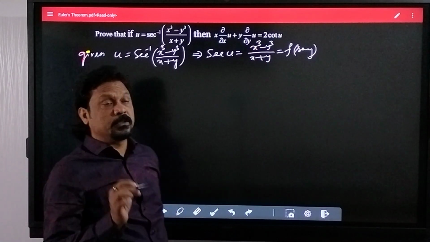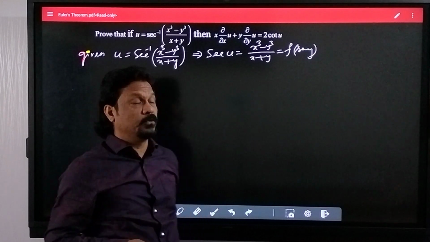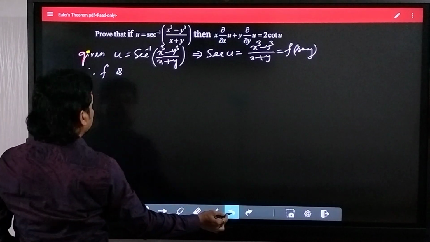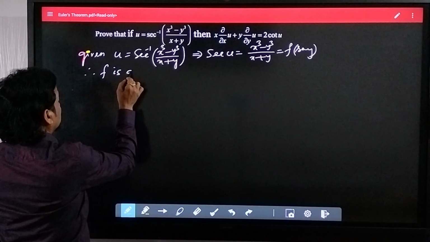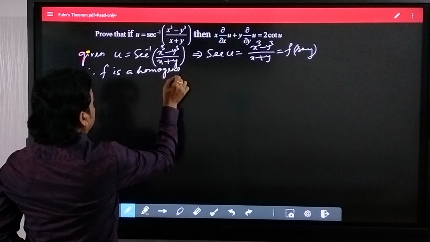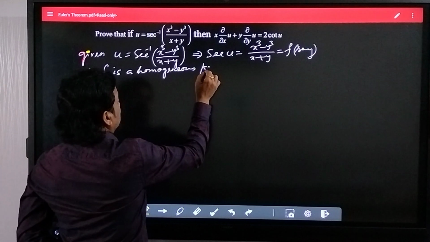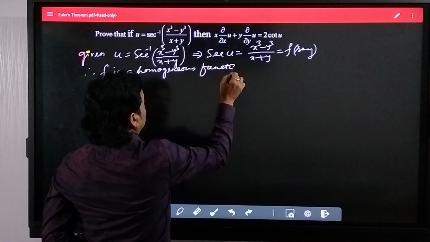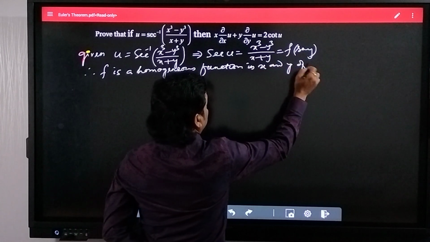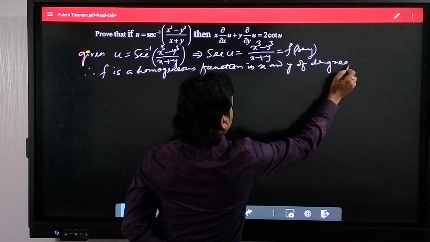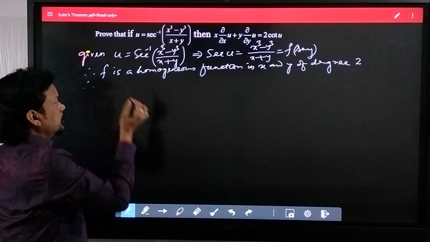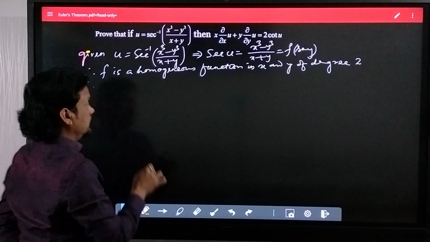That means f is a homogeneous function in x and y of degree 2. And since f is a homogeneous function, we can apply Euler's theorem.